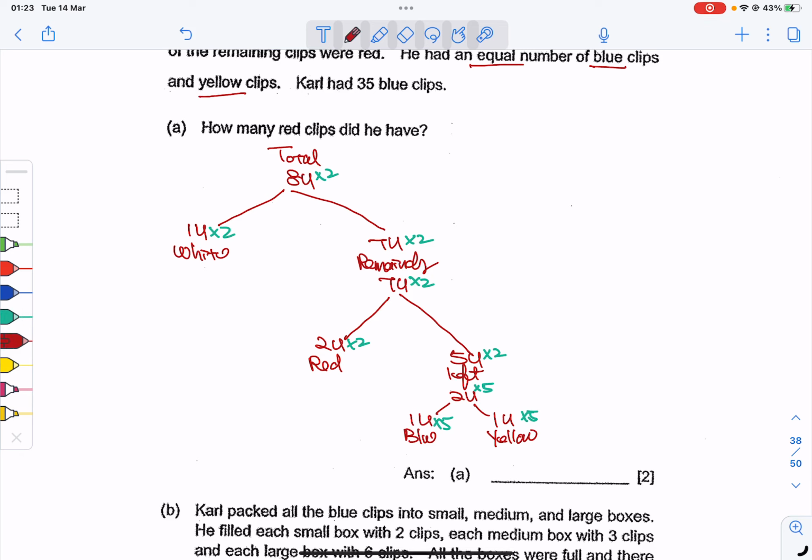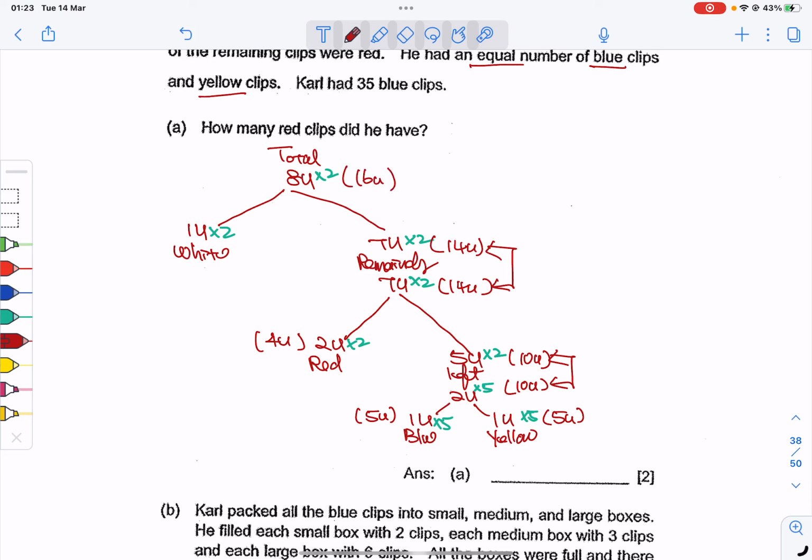Okay. So here we have 5 units. Here we have 10 units, and here you have 10 units, which these two must be the same. And here you have 4 units. Here you have 14, here you have 14. So this layer also aligns.